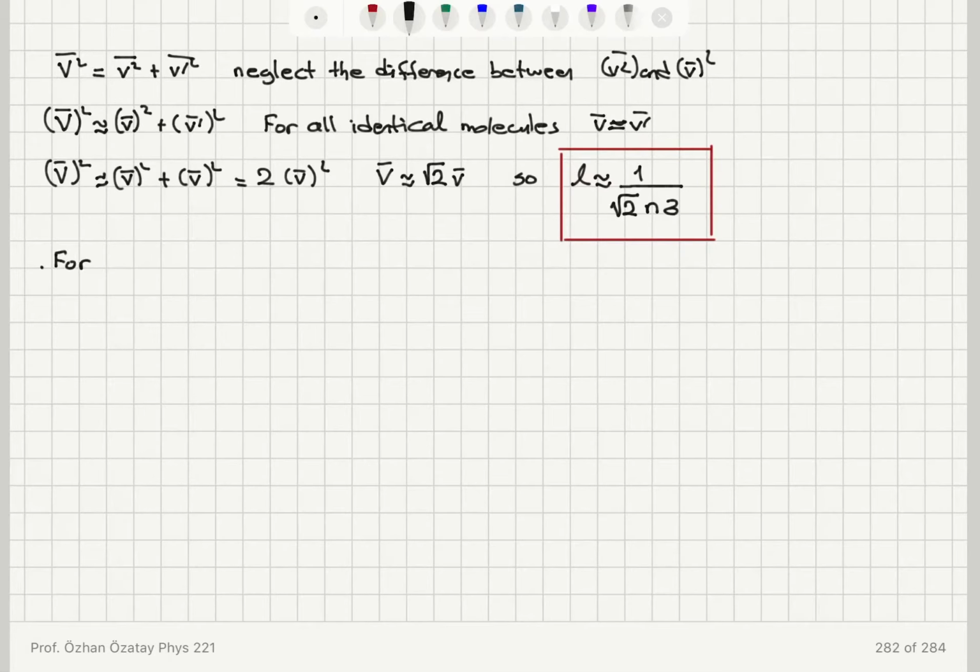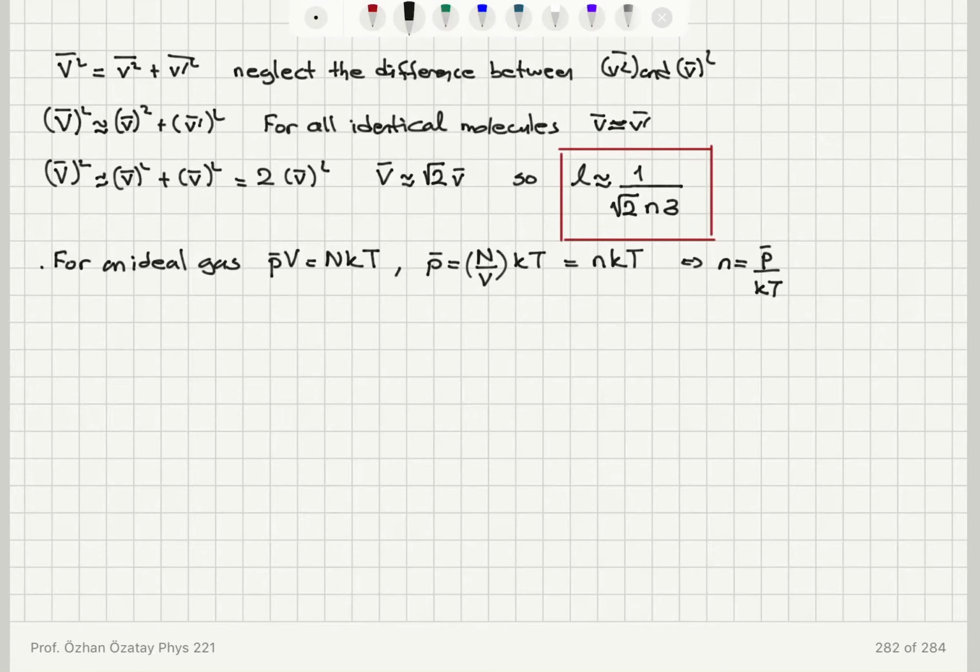So for an ideal gas we can write P bar V is equal to N k T, which gives P bar over kT equal to N over V, the number density. Therefore, the number density, the number of molecules per volume, is the mean pressure divided by kT.